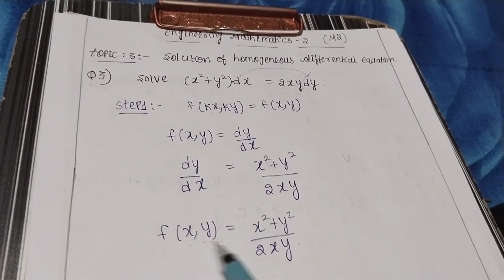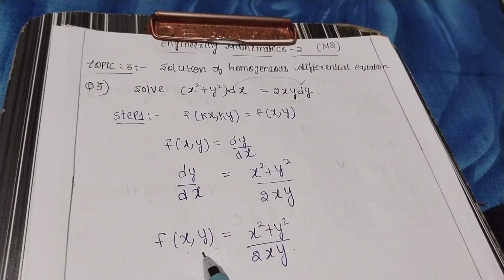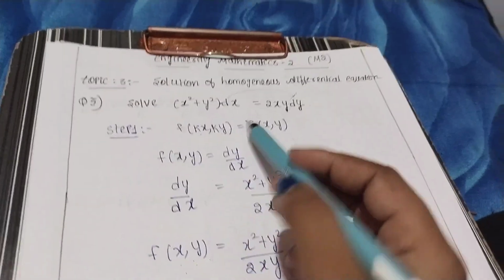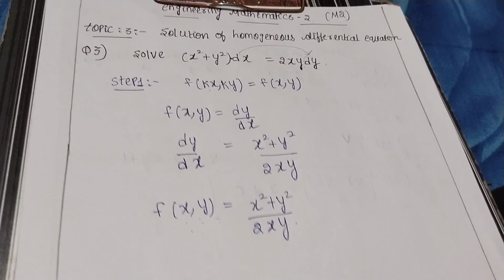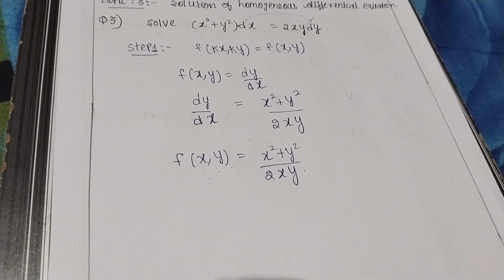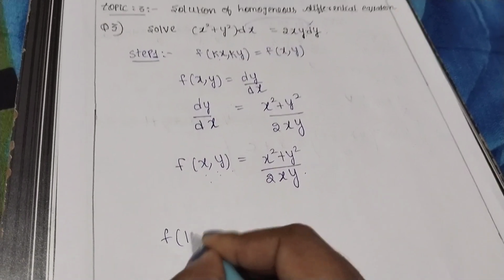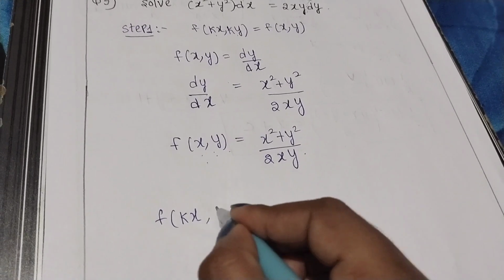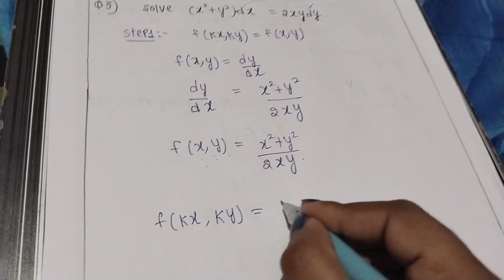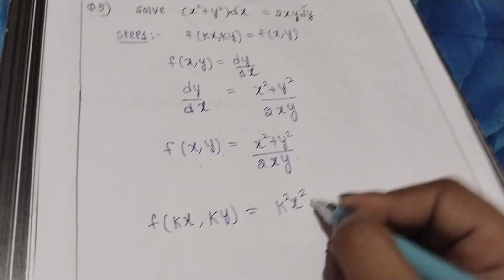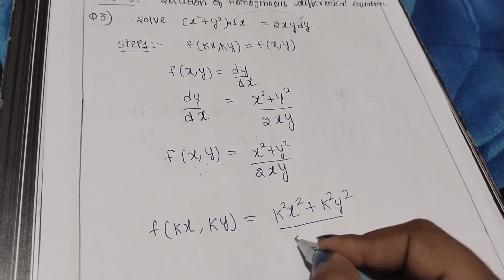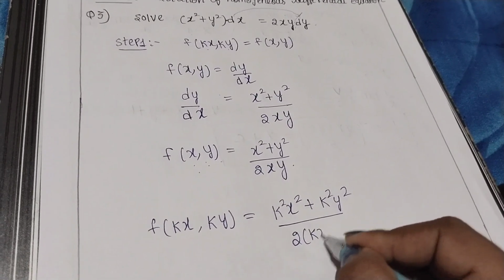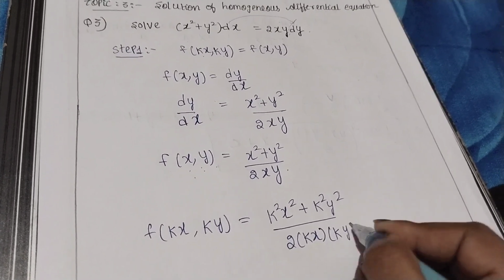If we get f of kx comma ky equals f of x comma y, then we can accept it as a homogeneous differential equation. So let's substitute: f of kx comma ky is equal to k square x square plus k square y square divided by 2 into kx into ky.